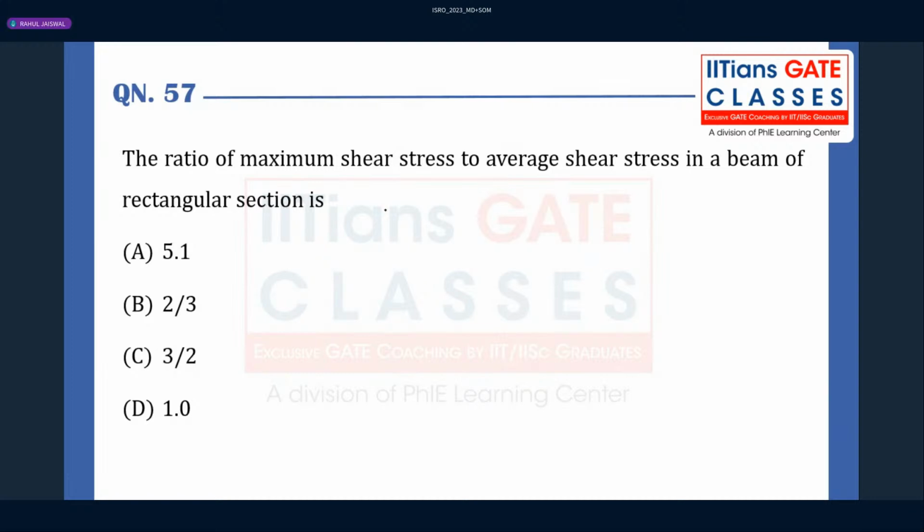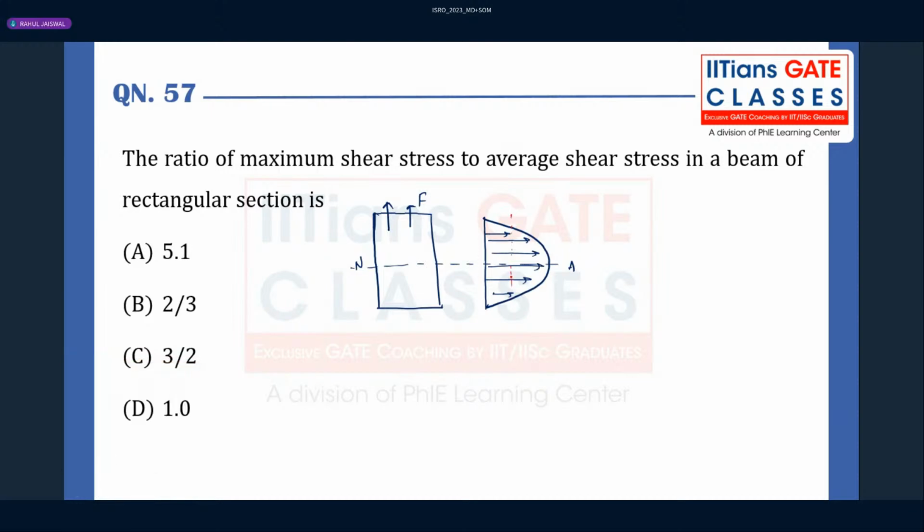So we have seen that in case of a rectangular section, when your rectangular section is subjected to shear force, there will be parabolic variation of shear stress. That is maximum at the neutral axis, but zero at the top and bottom fiber.